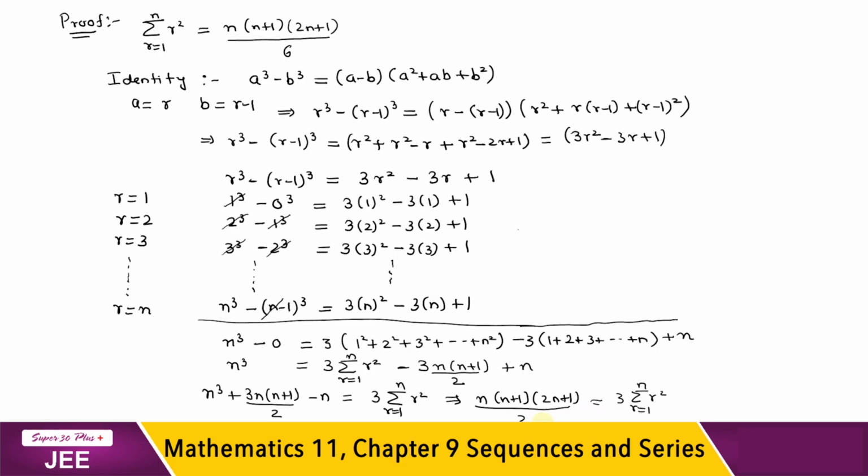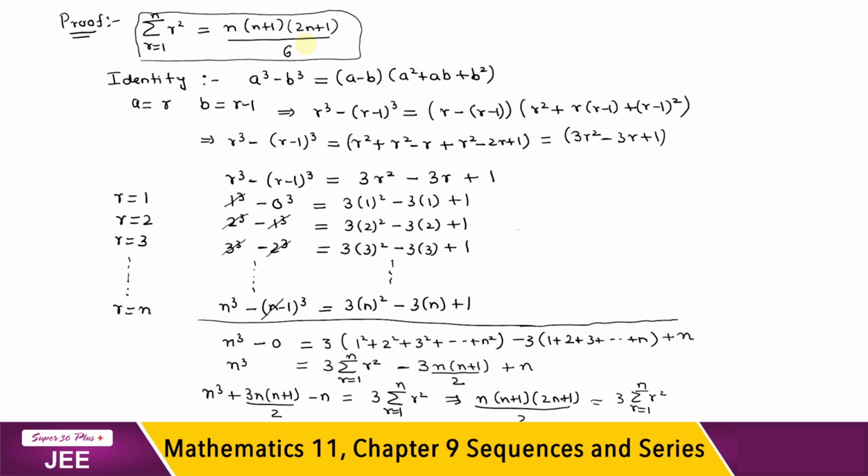So we are done with proving that sigma r square is going to be equal to n into (n plus 1) into (2n plus 1) whole divided by 6. So our series is proved. Alright students, I hope you are comfortable enough along with me in proving this series.